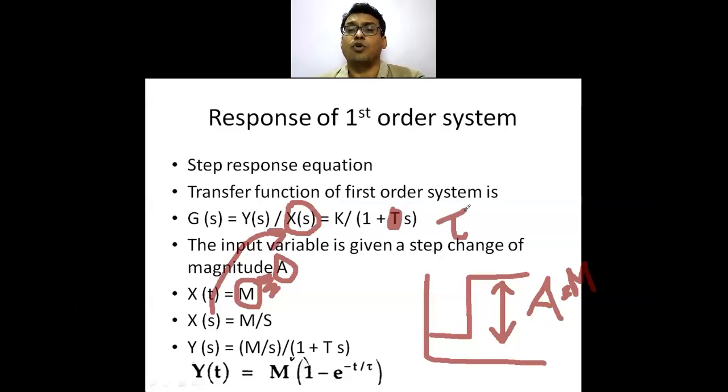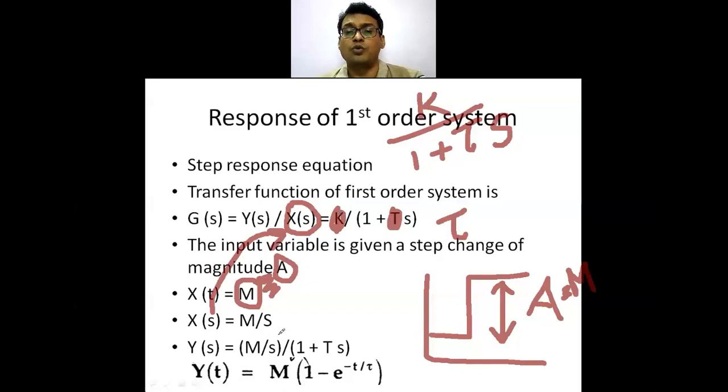K is the steady state gain. For a mixing tank, our transfer function is 1 upon 1 plus tau s, and for a reaction vessel, our transfer function becomes K upon 1 plus tau s. So here I am writing K upon 1 plus tau s, generalized.